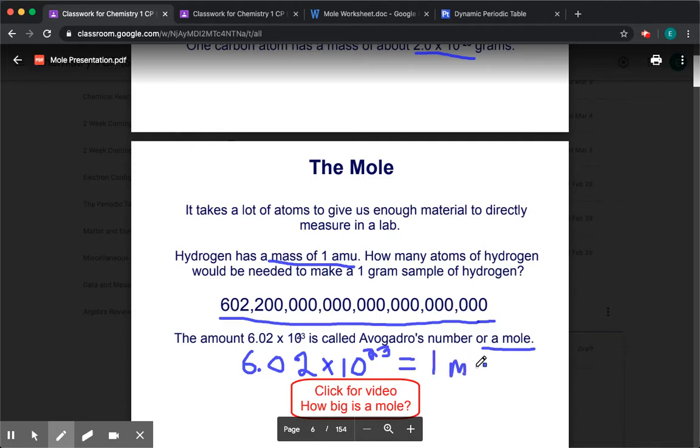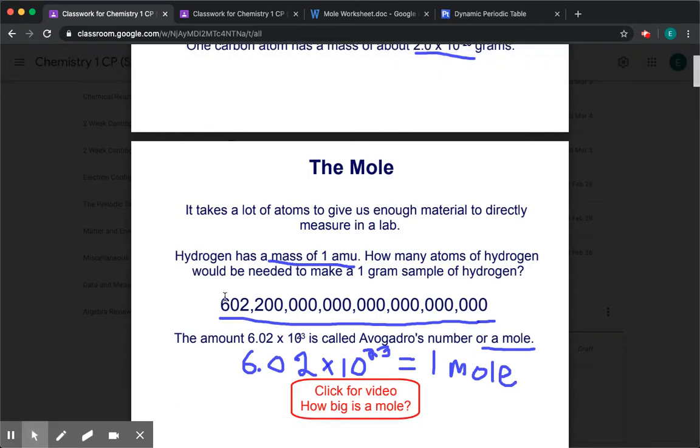So now you know what a mole is. So 1 mole is this many. Okay. That's what a mole represents. That's all it is. 1 mole is this many. But this number is special because it gives you the exact amount of atoms you need to convert the periodic table mass to grams. Okay.